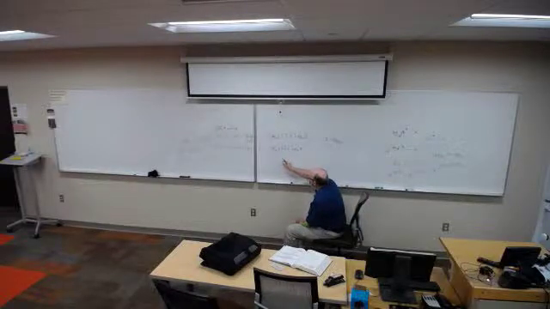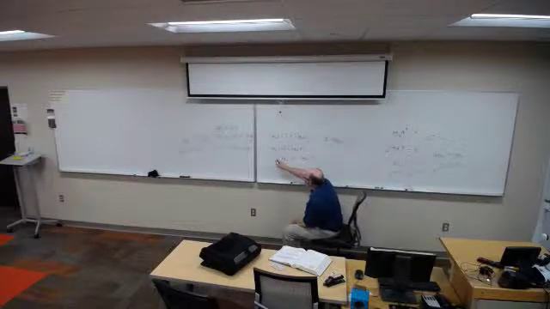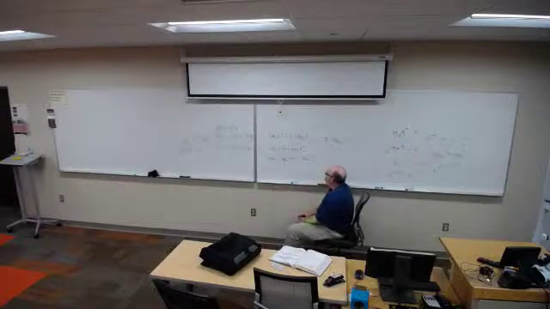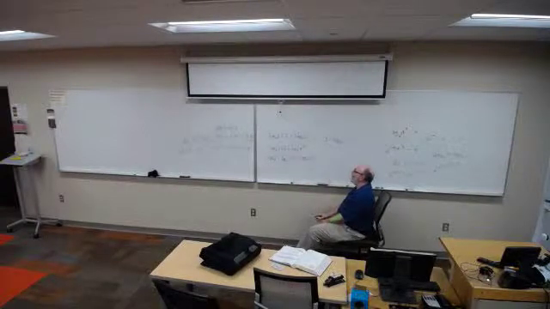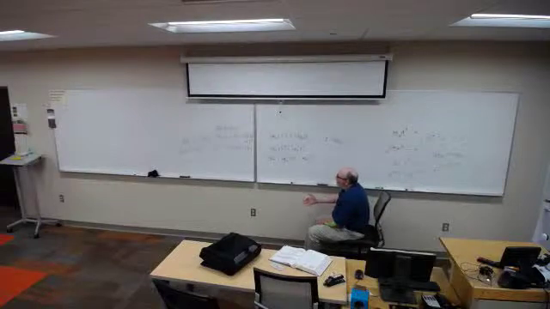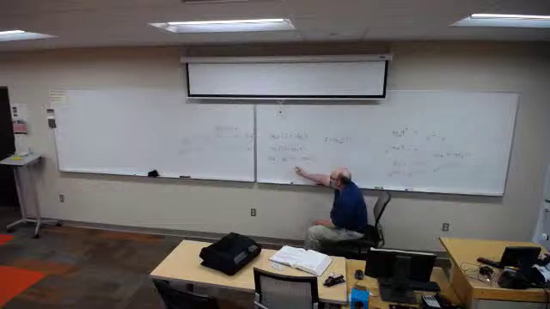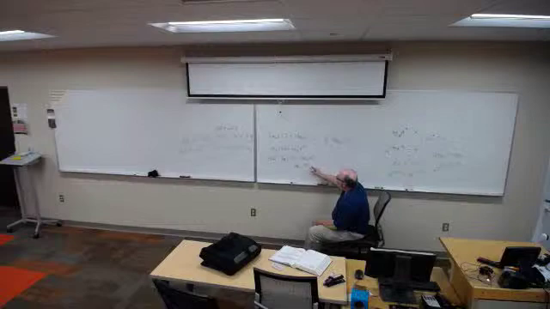So this is logarithm base 10 of 100 plus logarithm base 10 of x cubed is equal to logarithm base 10 of y. What can I do when I'm adding these logarithms? I can make them multiply. So this is logarithm base 10 of 100 multiplied by x to the third power.